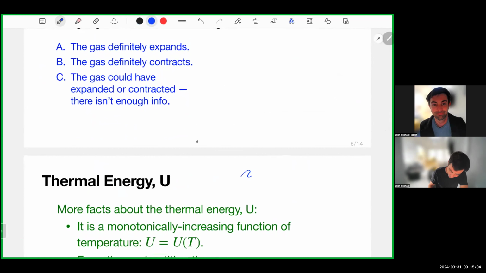In other words, if temperature goes up, then U goes up, and vice versa. If T increases, then U increases. And if T decreases, then U decreases. So if one goes up, the other one necessarily goes up, for an ideal gas. I should say for a gas.